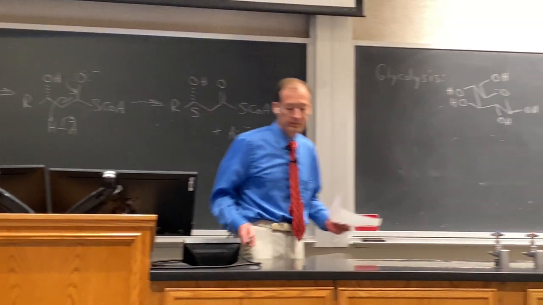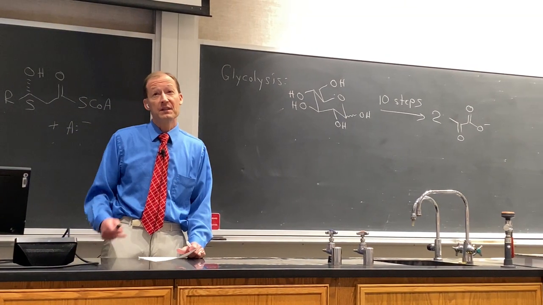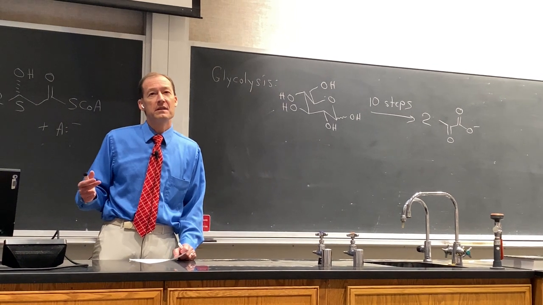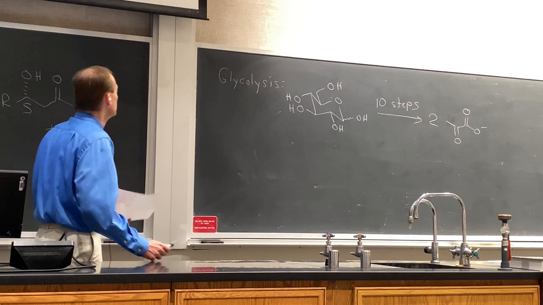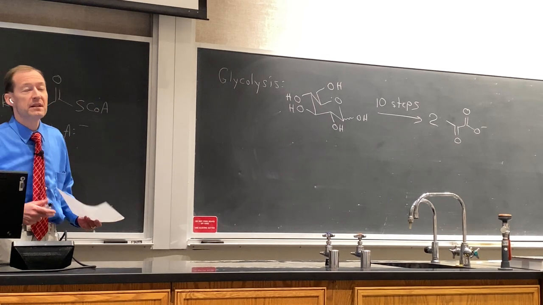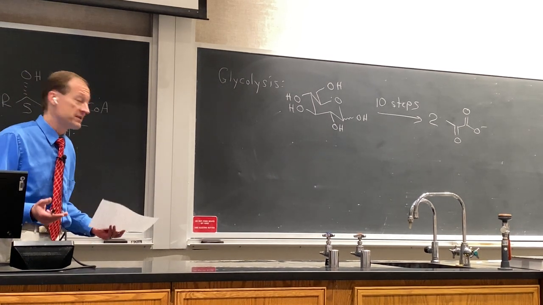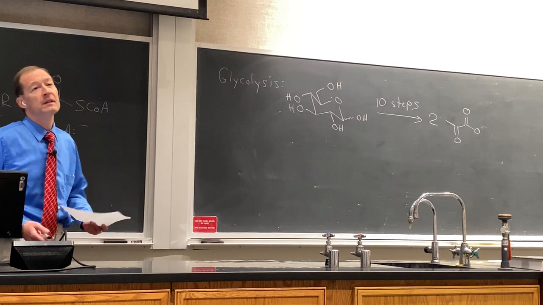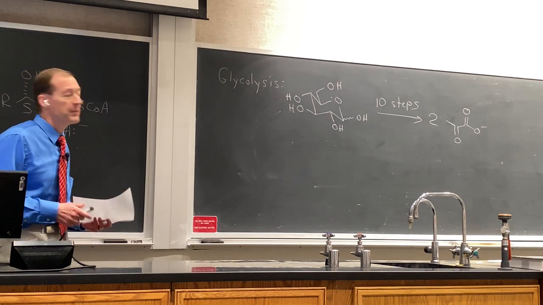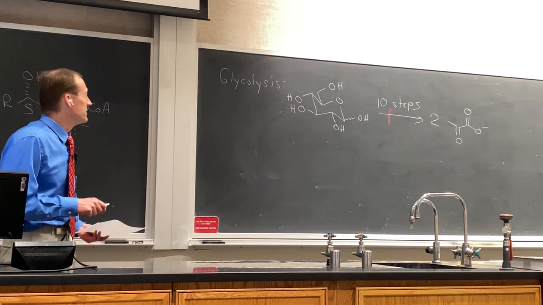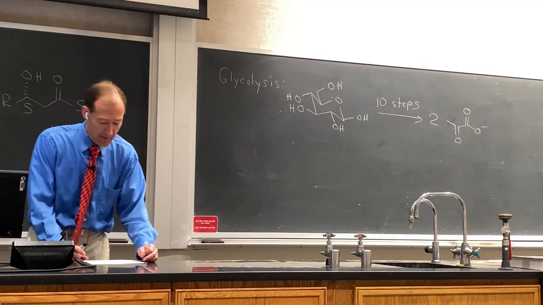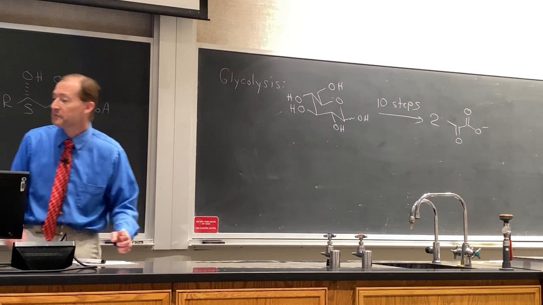So now we're going to talk about glycolysis. Whereas the beta oxidation pathway is the catabolism of lipids, of triacylglycerols, glycolysis is the catabolism of carbohydrates, specifically glucose. Glycolysis is a 10-step pathway in which one glucose molecule is converted into 2 pyruvate molecules.